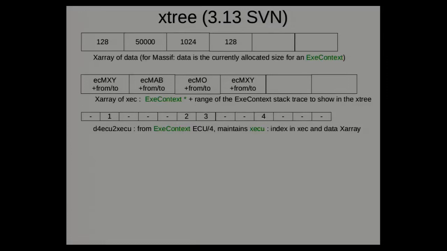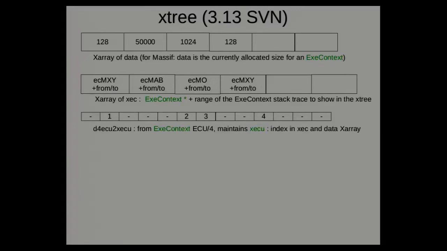You remember an exec context has an EQ, a unique identifier, which is an integer multiple of 4. Here we have an array which stores pointers to exec contexts. And how do we know, given an exec context, where it is stored? We have another array which is used as a table to retrieve the offset in this array and in this array where the data is stored.